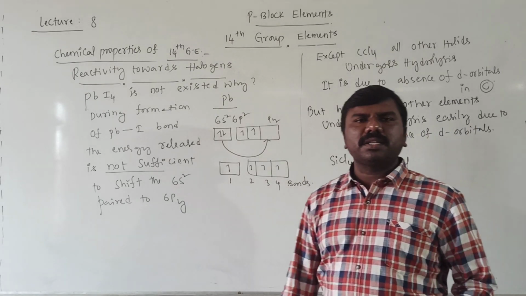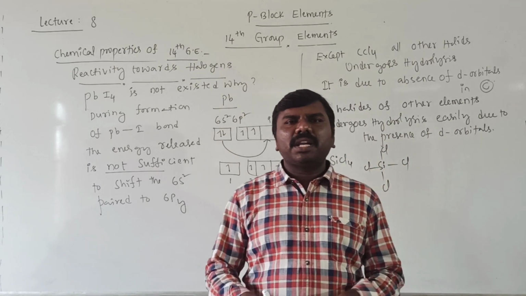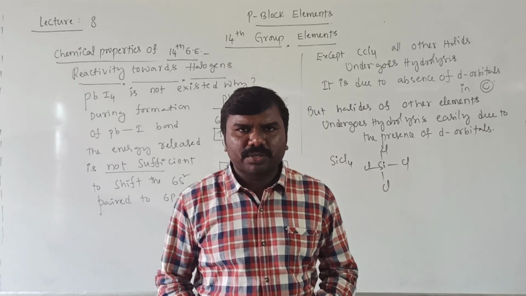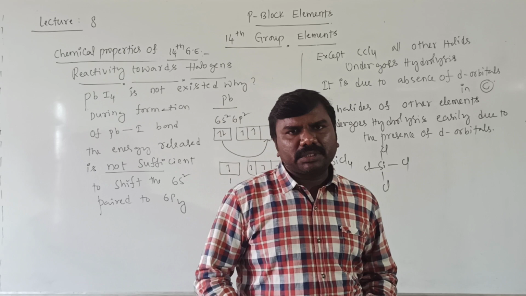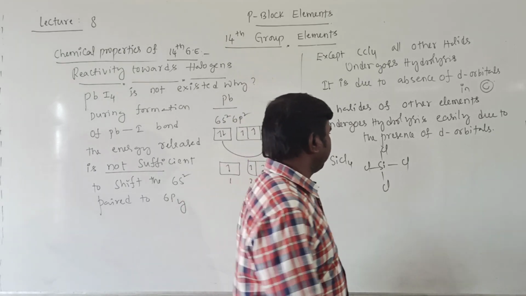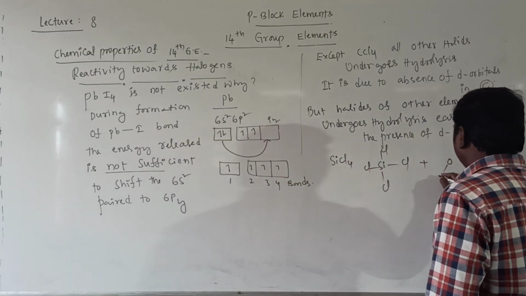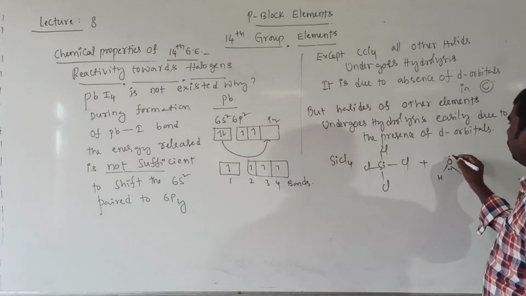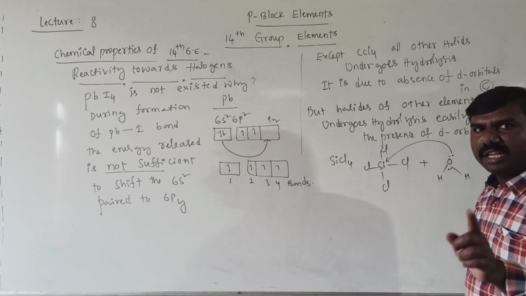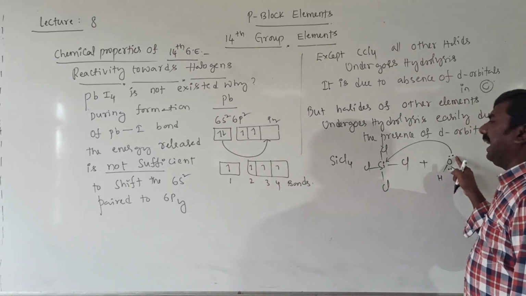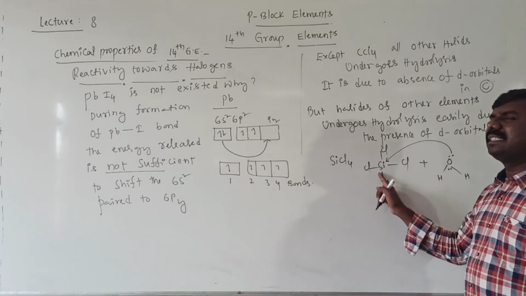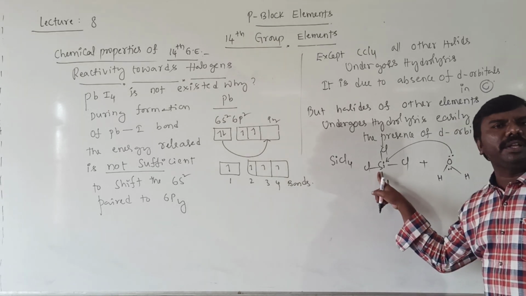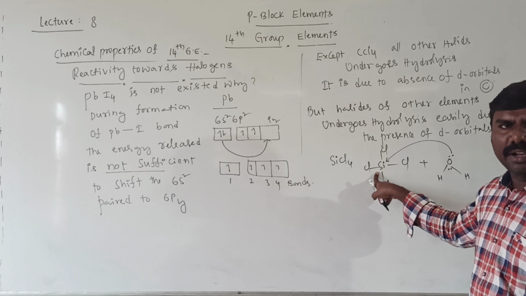Silicon configuration is 3s2 3p2. In the third shell, there is a possibility to avail which one? 3d also. Empty 3d is possible, that's why it undergoes hydrolysis. This on treatment with water: oxygen has lone pairs, so a pair will be shifted to the silicon empty 3d orbital because of availability of 3d orbital in the third shell of silicon.